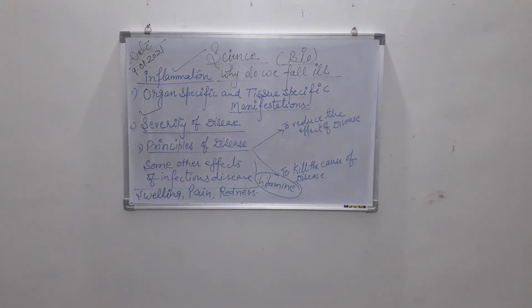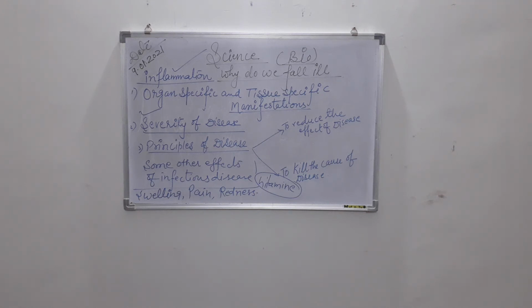Now, how can we reduce the effect of disease? It is achieved by reducing the symptoms. As we have seen, when a person suffers from disease, any body part, organ, or tissue is targeted by a pathogen.